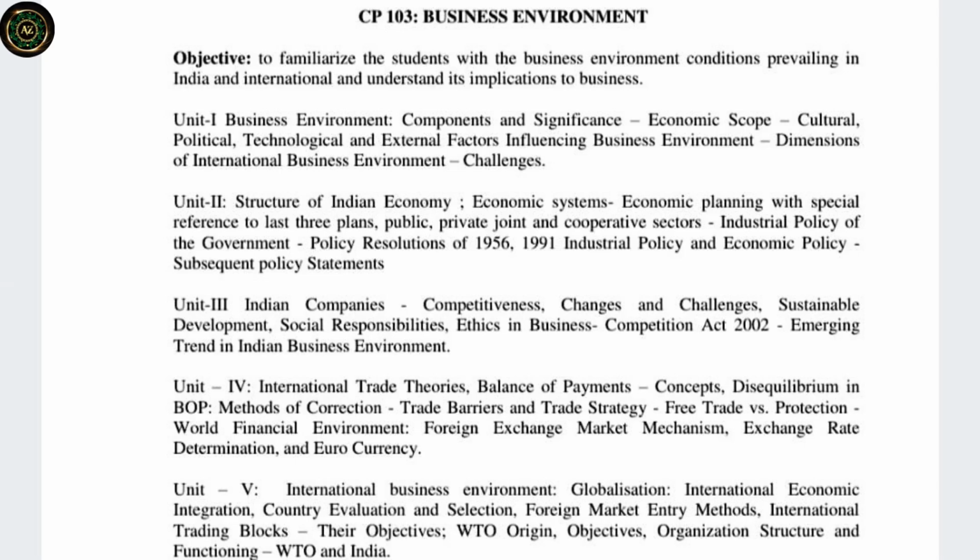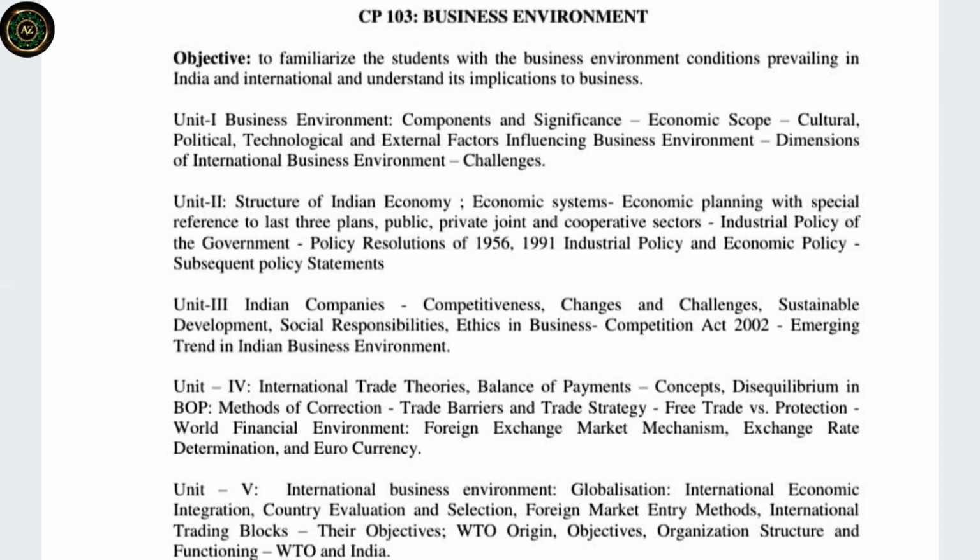Unit 2: Structure of Indian Economy, Economic Systems, Economic Planning with special reference to the last three plans, Public, Private, Joint and Cooperative Sectors, Industrial Policy of the Government, Policy Resolutions of 1956 and 1991, Industrial Policy and Economic Policy, Subsequent Policy Statements.